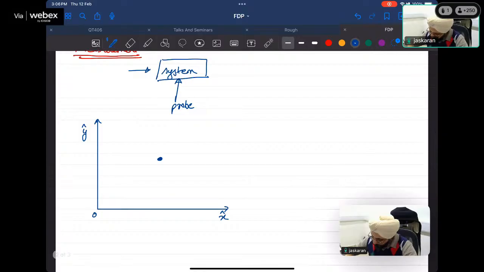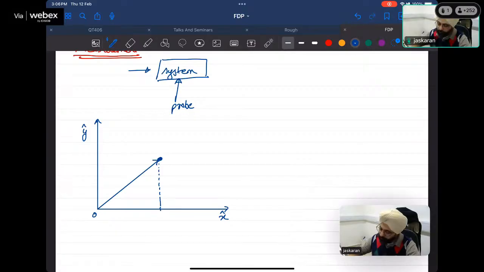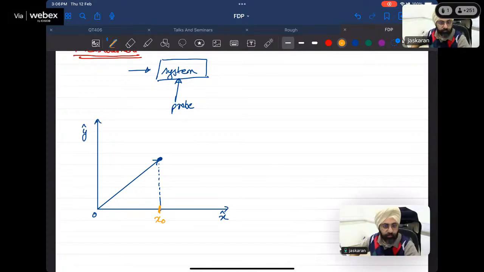We just look at the vector from the origin to the particle. We draw a vector there, and then look at the projection of this vector along the x-axis first. Let's say this particular point I can label as x0.